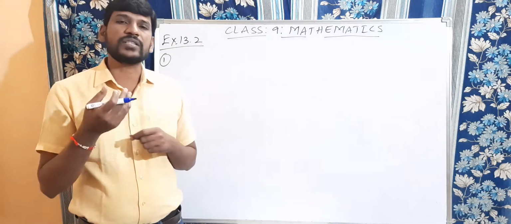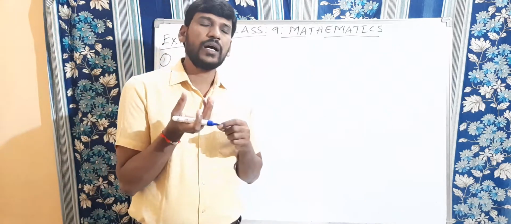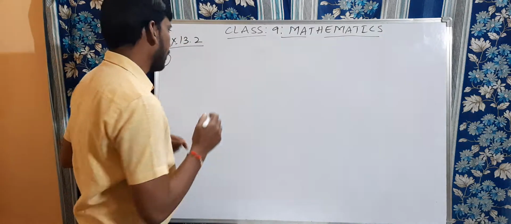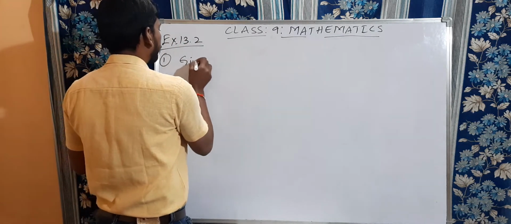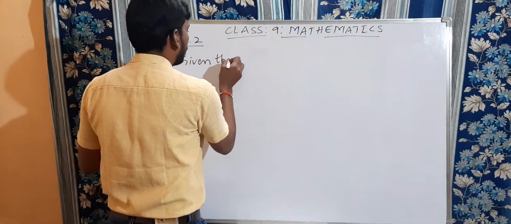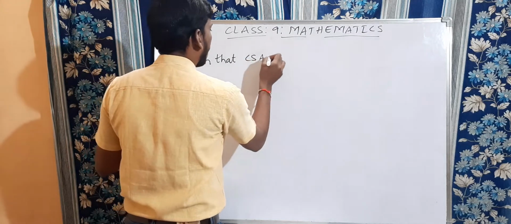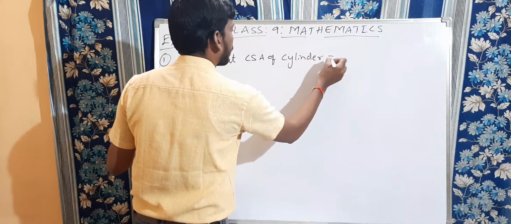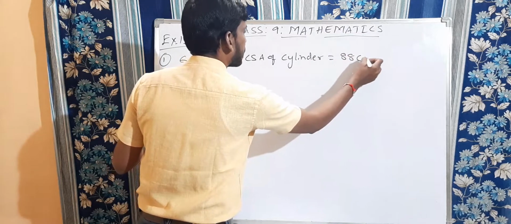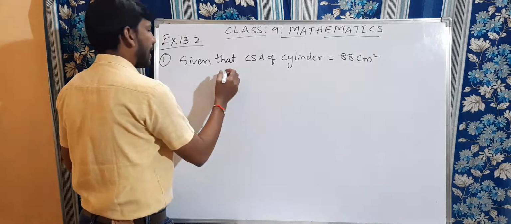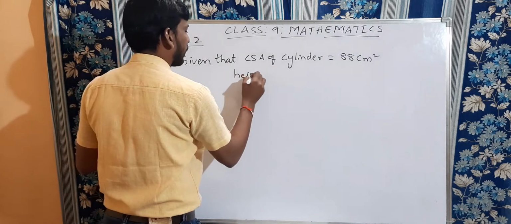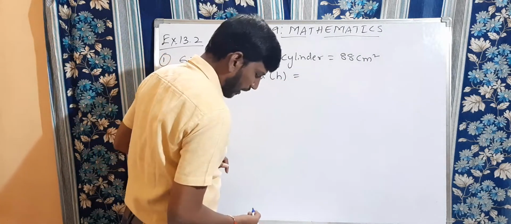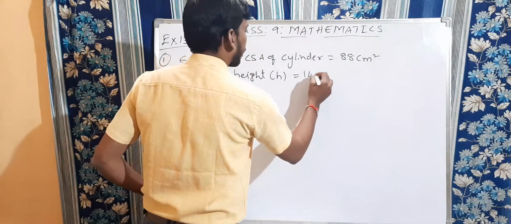So what is the base of the cylinder? Which shape is it? Right. The base of a cylinder is always a circular shape. Now given that CSA of cylinder is equal to 88 centimeter square, and height h is equal to 14 centimeter.